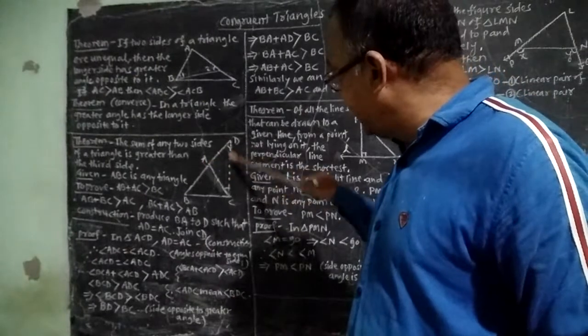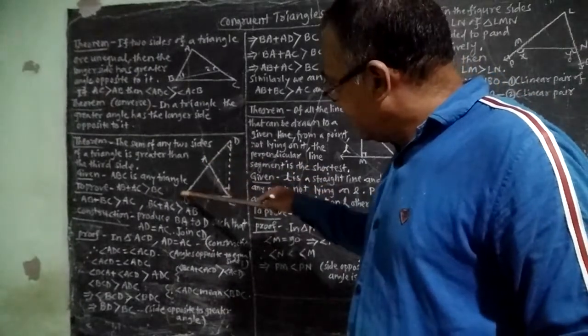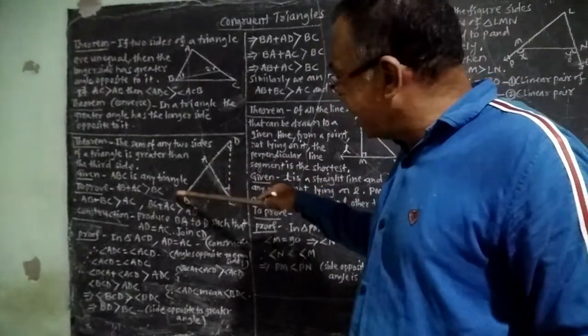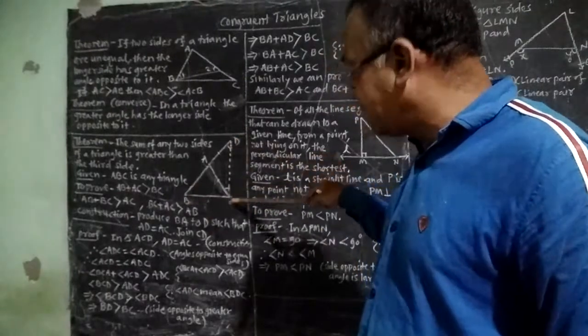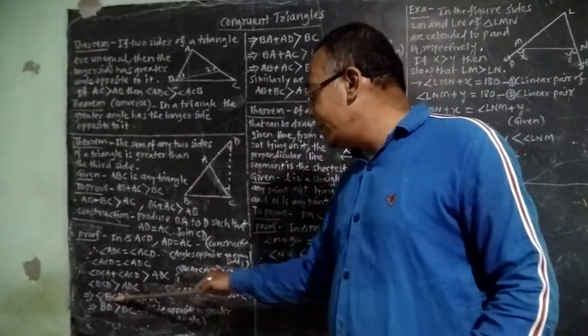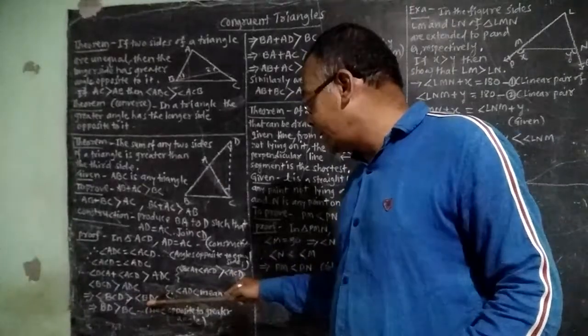So angle ADC can be referred to as angle BDC. So angle BCD is greater than angle BDC.